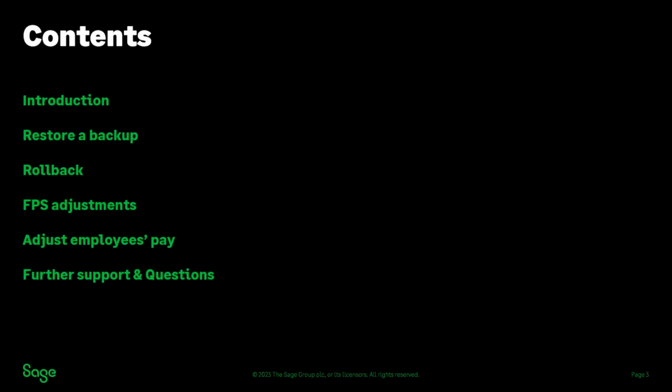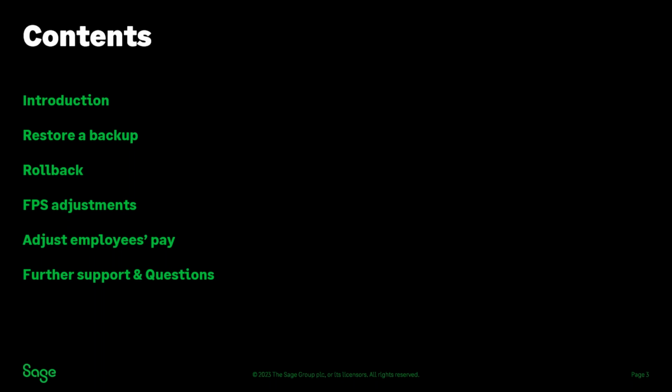Let's now take a look at what we'll cover in the webinar. We're going to start with an introduction to correcting errors, some examples of what can go wrong and what to consider when it comes to correcting a mistake. We're then going to demonstrate the two main methods of going back to reprocess an earlier period. We'll start with restoring a backup, and then we're going to take a look at the rollback wizard.